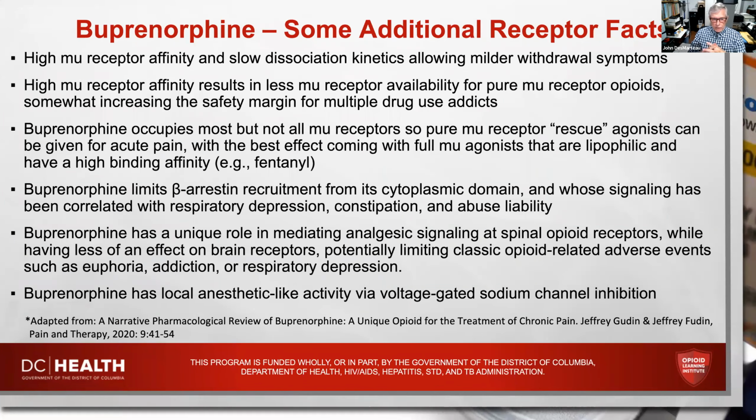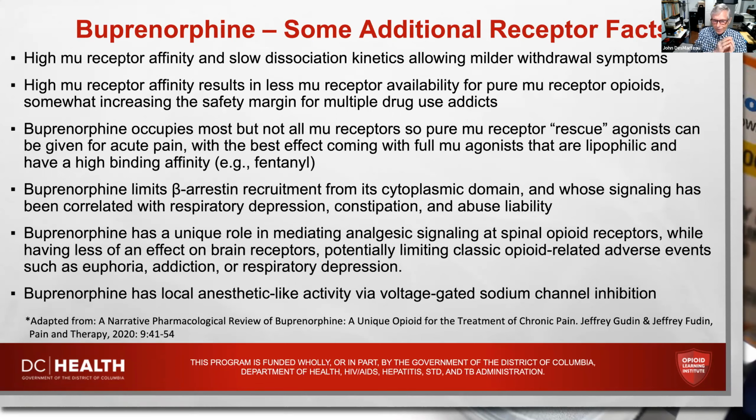But the thing that's interesting about it is that buprenorphine limits another actor in this whole scenario, which is called beta-arrestin. And beta-arrestin is also a signaler for abuse liability. So that's one thing to think about.